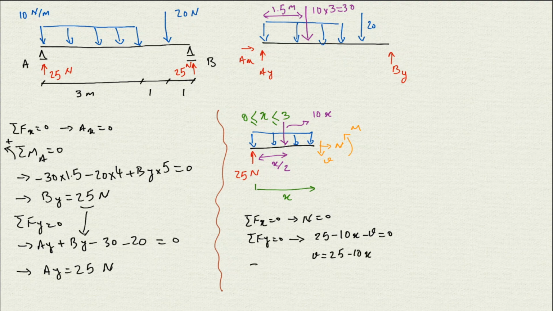And then if I write the sigma M about the section, and let me show the section 1 is going to be anywhere there, so it's under section 1.